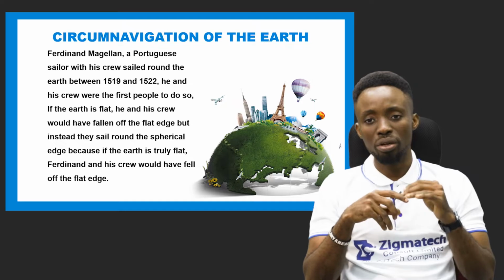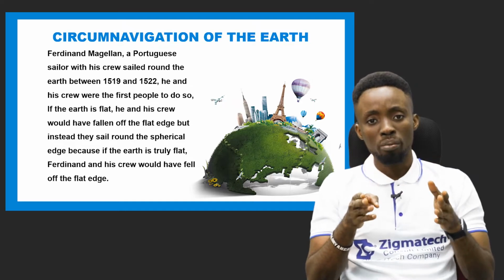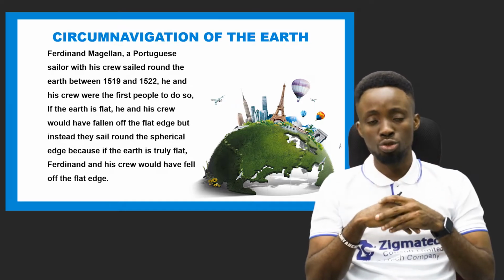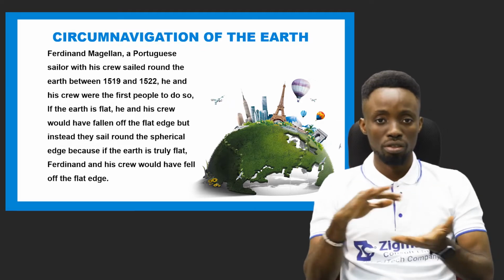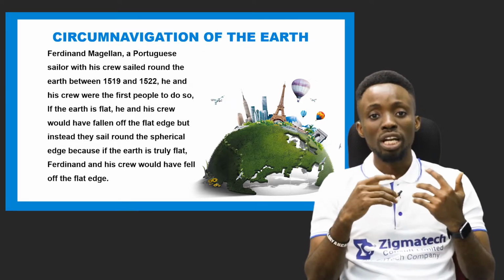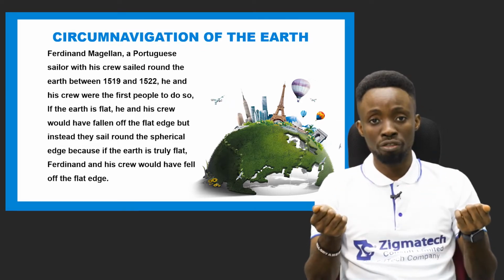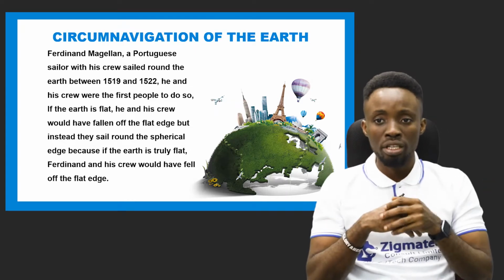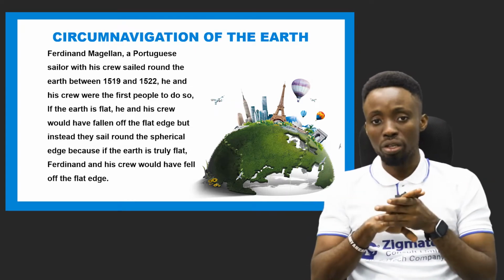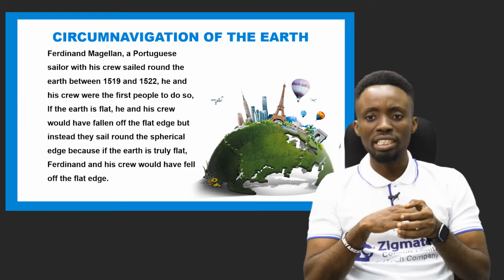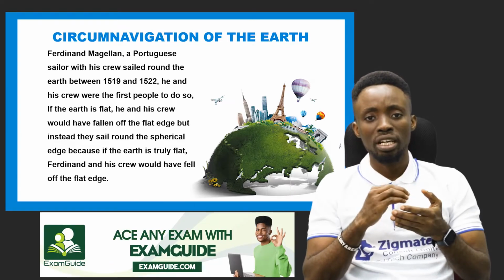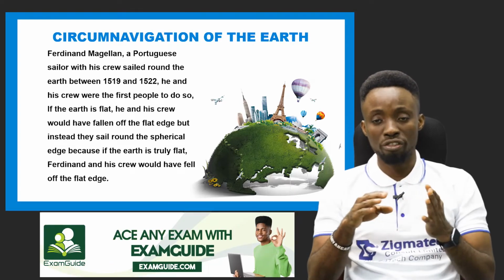And now the thing is this: if the Earth were flat, they would possibly have fallen off the Earth. So when they went round the Earth, they didn't fall off, and with that, they concluded that the Earth is not flat but spherical.